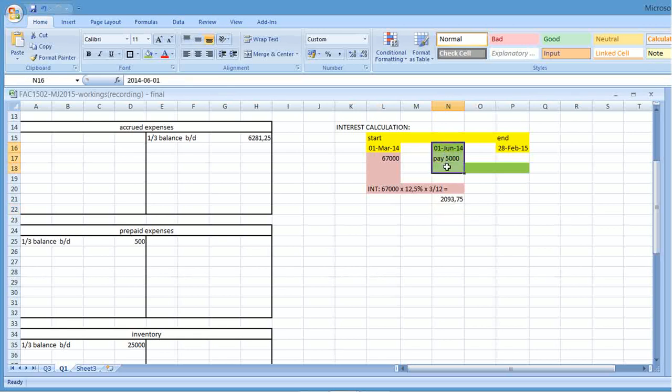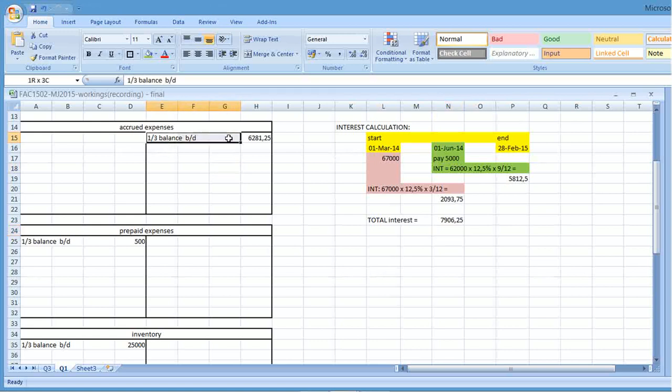Then you pay off 5,000 of the loan, so then interest now changes to 62,000 times 12.5% times 9 over 12. Gives me 5,812. So if I'm looking at the total interest, it is going to equal that amount plus this amount, which gives me 7,906 Rand 25. This is an amount of interest that we need to provide for.